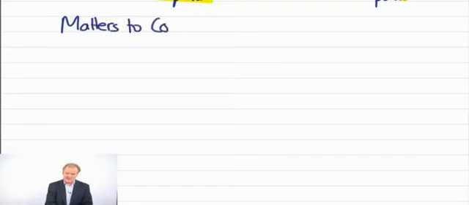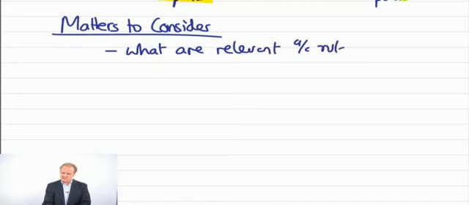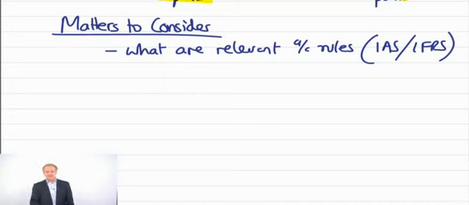Well, the matters to consider will typically be, what are the relevant accounting rules for this situation? So yet again, as we seem to have to do so often on this course, highlight the relevant accounting standard and the relevant rules.